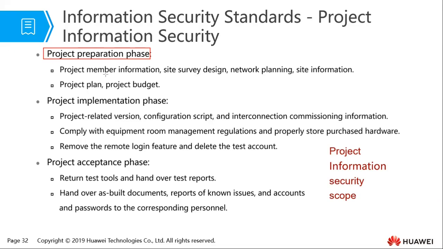All this information is supposed to be kept secured and protected so that only authorized people are able to see it. During the project implementation phase, things like the project-related version, the configuration scripts, the interconnection of the devices, and so on and so forth, and the equipment room, anything around that, are also supposed to be kept secret.